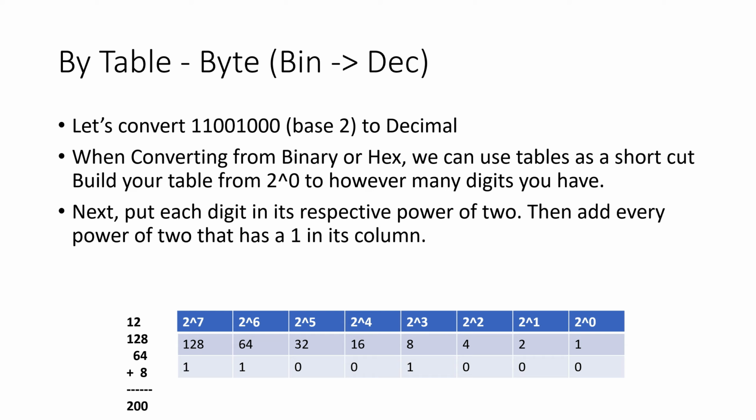And then all you have to do is add up the ones that have 1 in it. For example, if we want to convert 11001000, we do 128 plus 64 plus 8. And then we get 200.